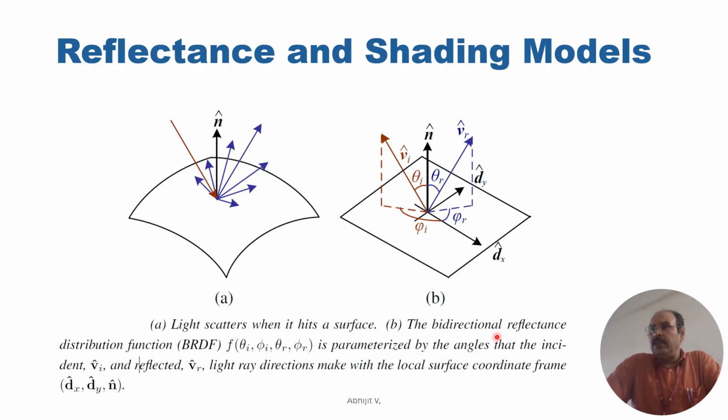So here in this particular section what we are studying is the reflectance and shading models. What are the different kinds of reflection phenomena, scattering phenomena that is happening when a light hits a surface.